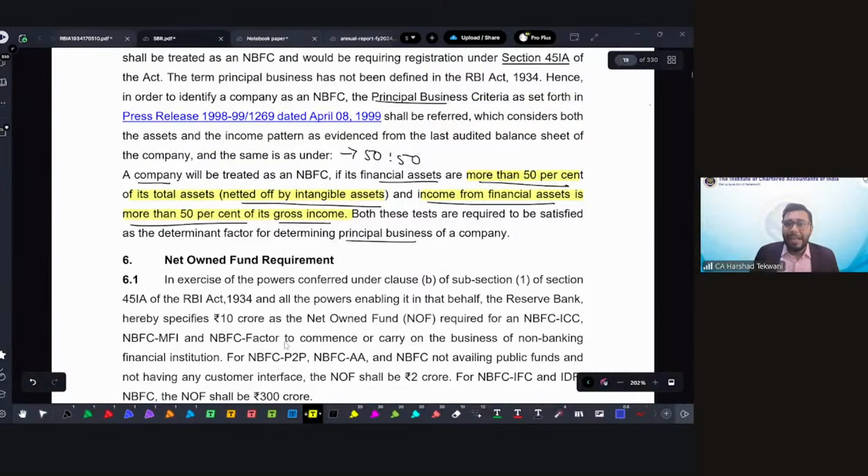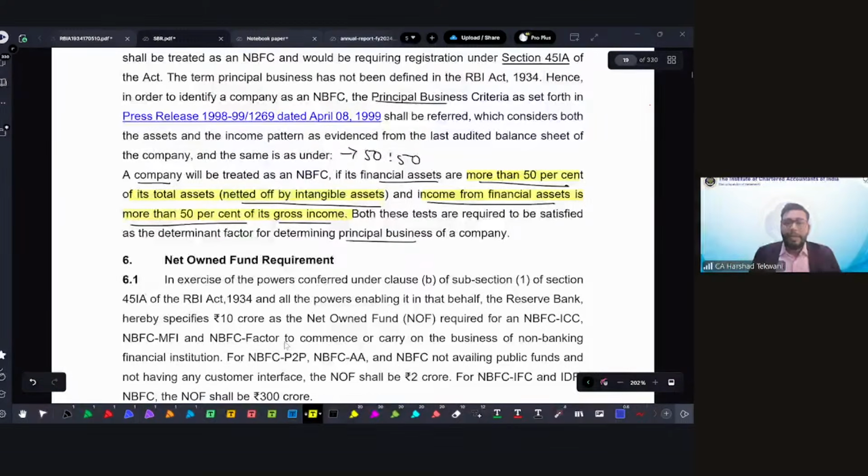Now, what are the financial assets? Very good question. I received a question: what are the financial assets and what does the income from that financial asset mean? See, when we talk about financial assets, it is the same term that we use in the accounting standards. It's the same term which is used in the Companies Act also.